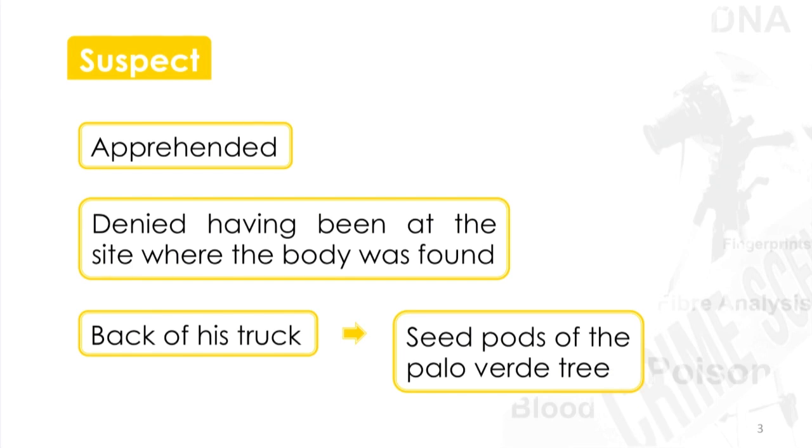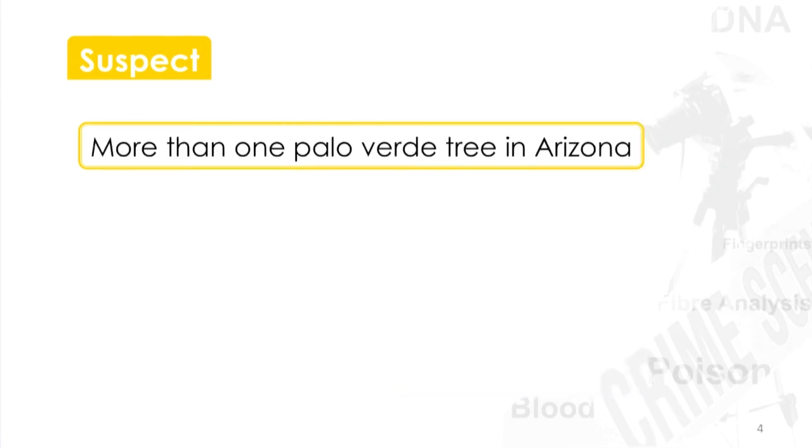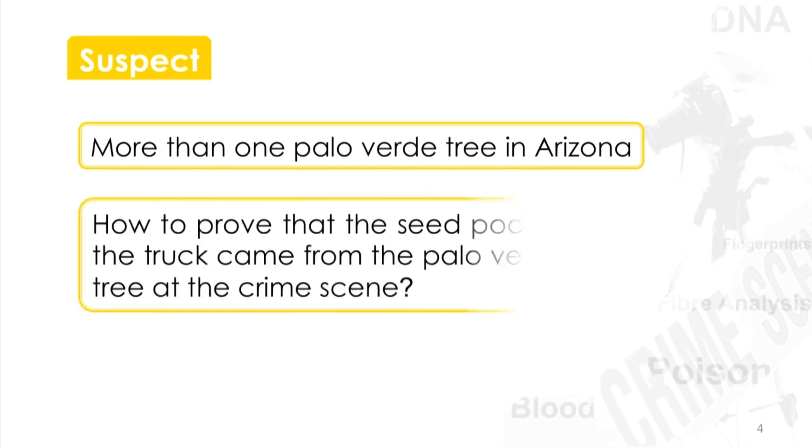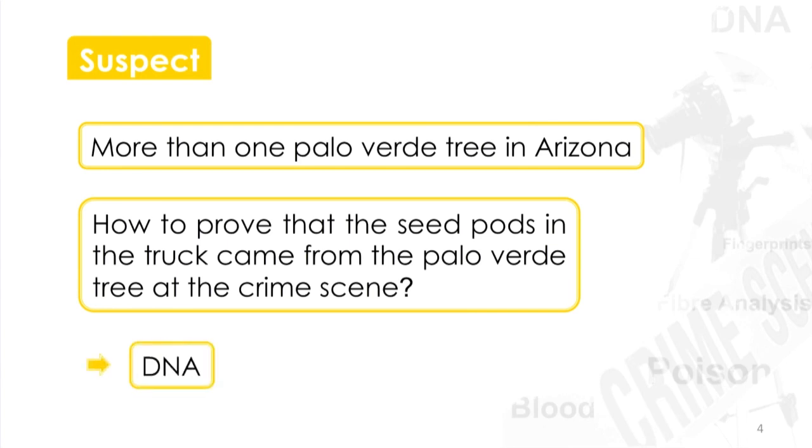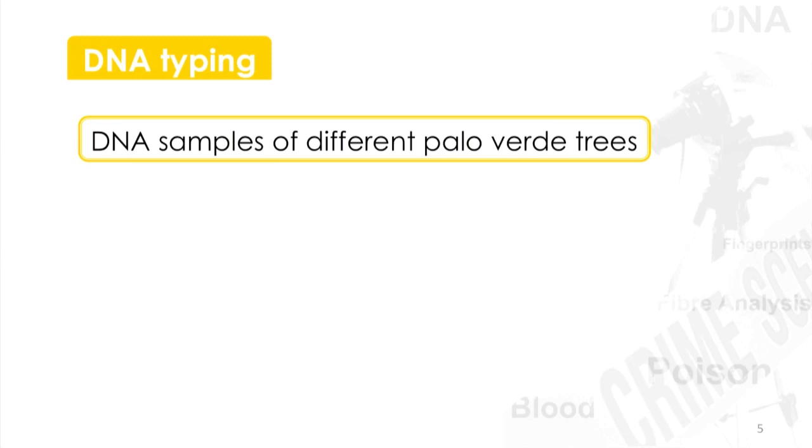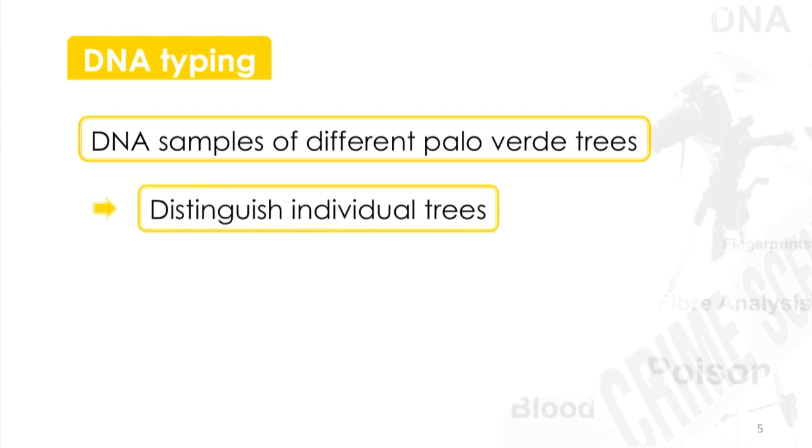However, there's more than one Palo Verde tree in Arizona. So how do you prove that the seed pods in the truck came from the Palo Verde tree at the crime scene? And the answer was DNA. First, the forensic scientists had to collect DNA samples from many different Palo Verde trees and proved that the technique they used showed they could distinguish these individual trees.